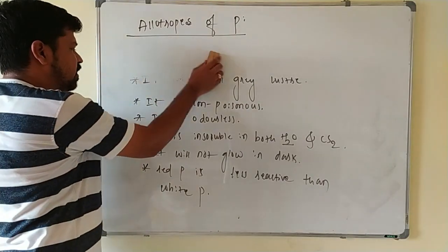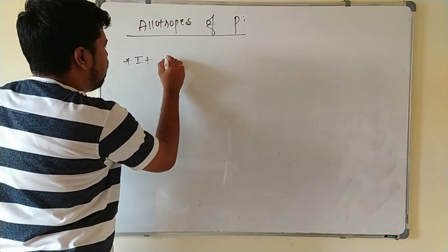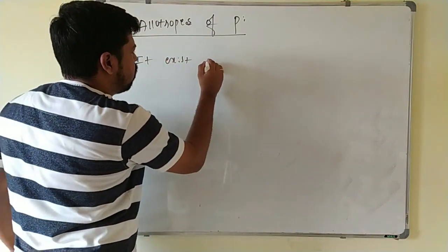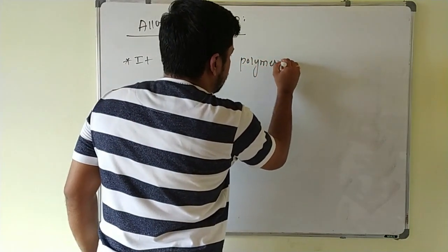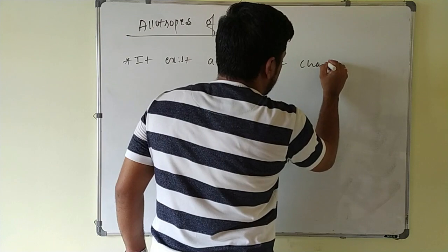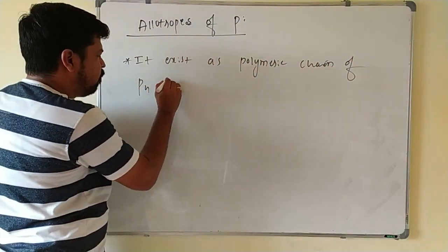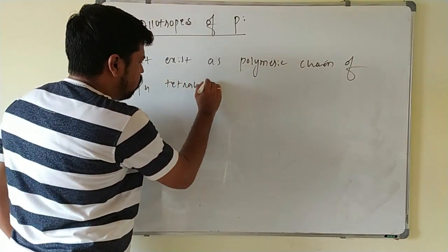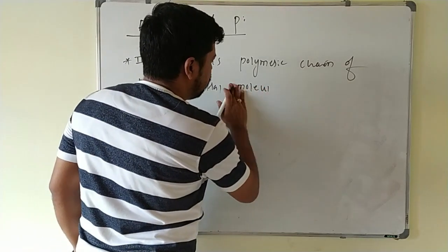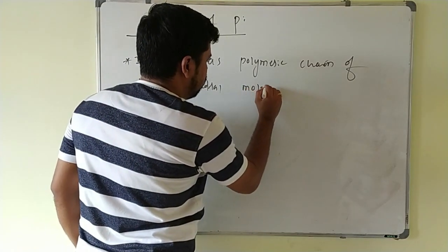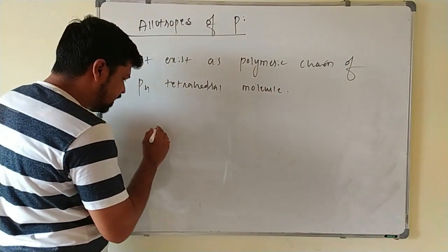So the next point, it exists as a polymeric chain of P4 tetrahedral molecules. Okay, so that polymeric structure is like this here.